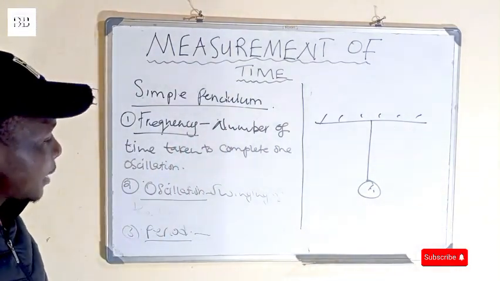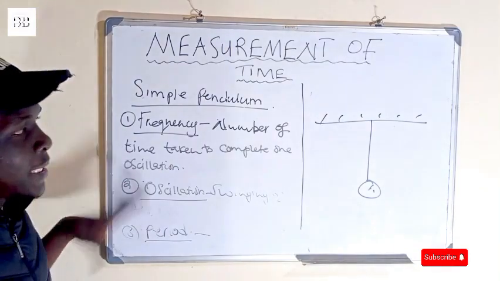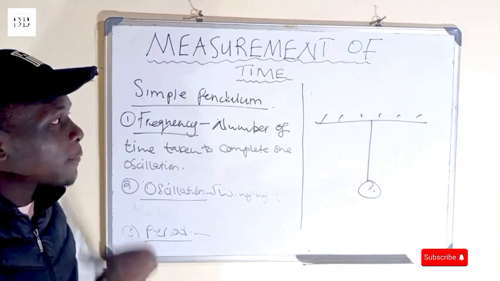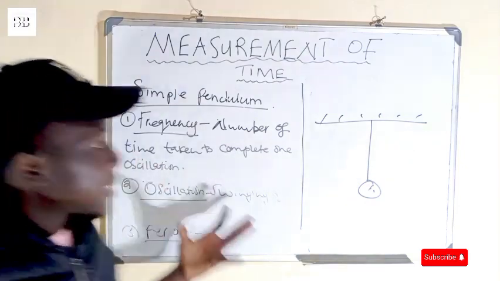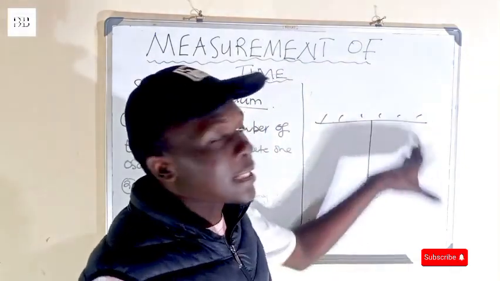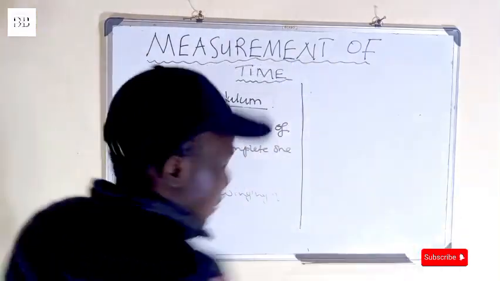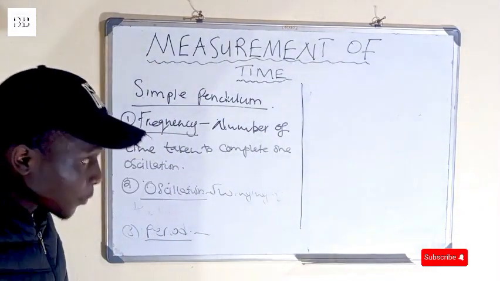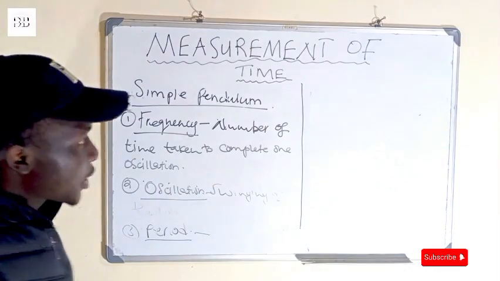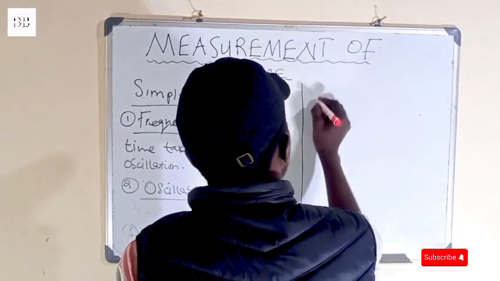Now, looking at these terms, let us get familiar with some formulas that we must consider if we are looking at this simple pendulum. I want you to keep one formula in mind, which is the formula for period.